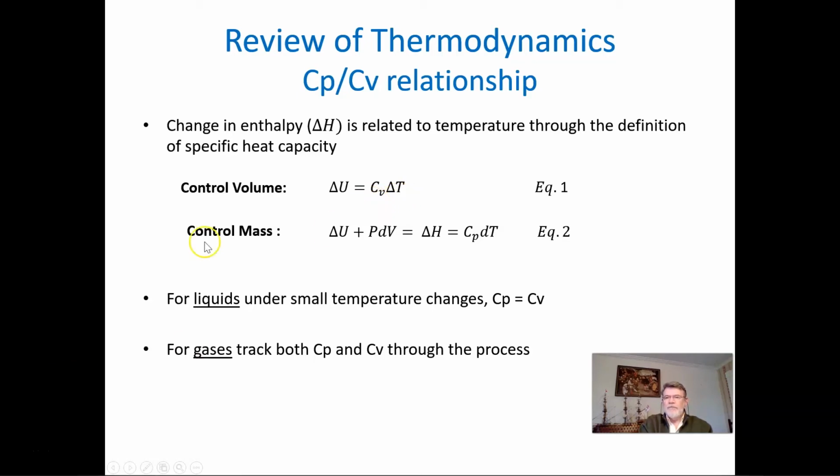And then for control mass, we can't use C sub V anymore, right? Because it's not constant volume. We need to use C sub P, specific heat at constant pressure. Again, this is the definition of where Cp comes from. It's that change in enthalpy, but also it is the specific heat at constant pressure times the change in temperature, right?